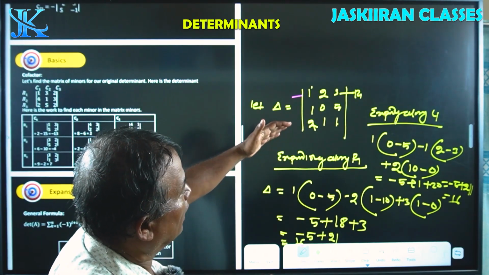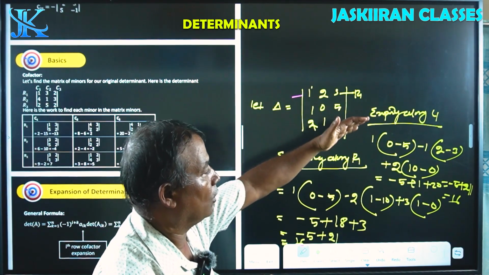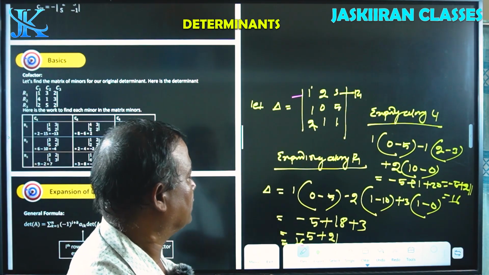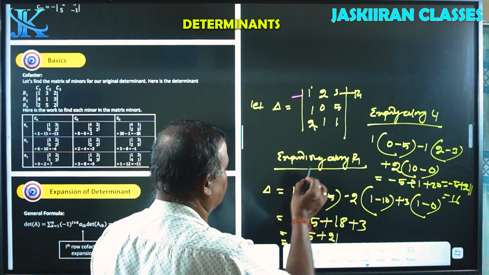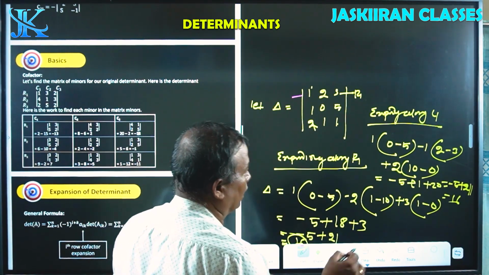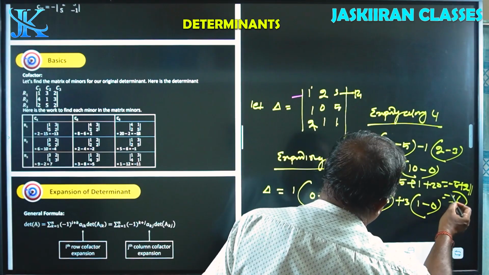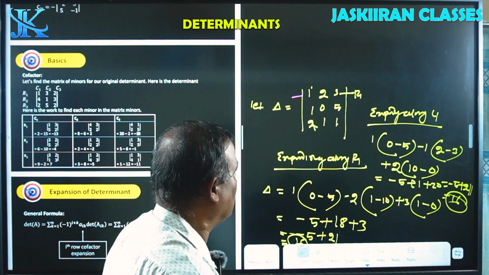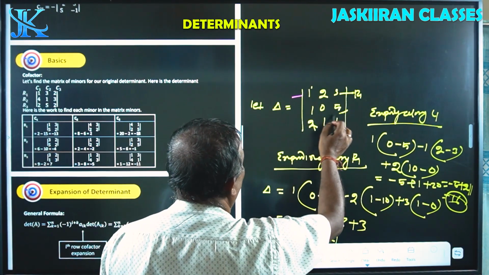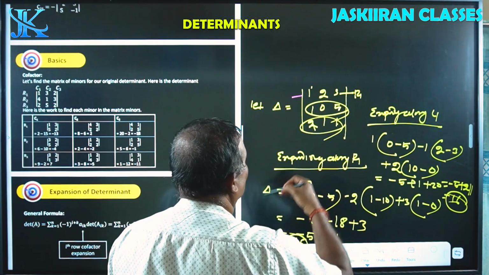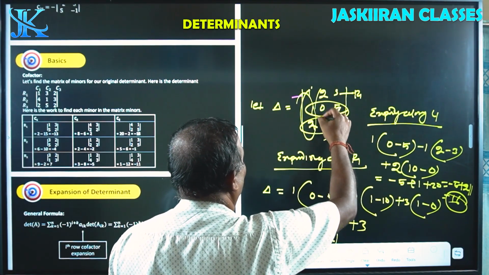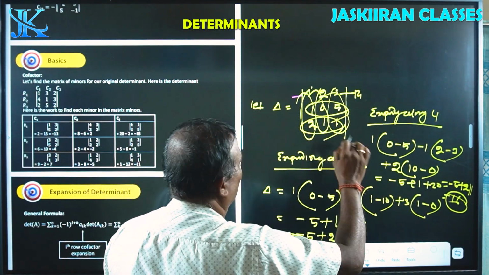Expanding either along any row or any column, the results are the same. That is, expanding along R1 gives 16 and expanding along C1 is also 16. Similarly, if we expand along row 2, row 3, column 1, column 2 or column 3, all are the same.